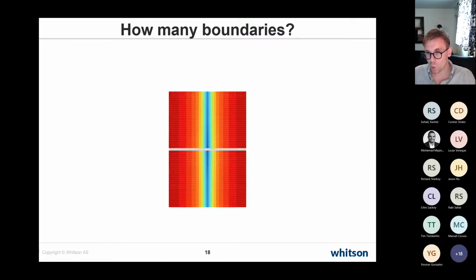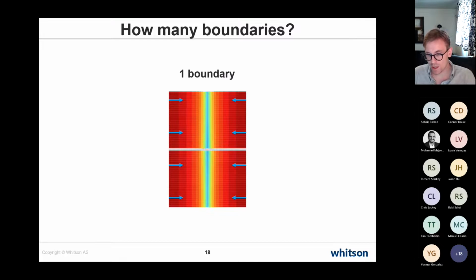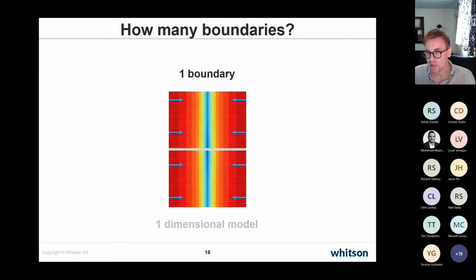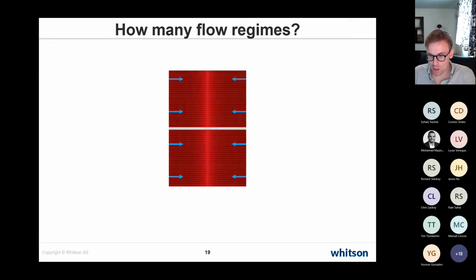It only has one boundary, and that boundary is on the right and left side of the fracture. There's only flow in one direction. So we actually call this model a one-dimensional model because there's no volume beyond the frac tip. And if I show this in 3 dimensions, you'll see that there's no volume beyond the frac height either. So there's only flow in one direction, and we call that a one-dimensional model.